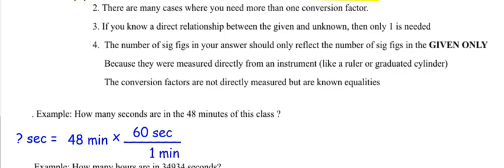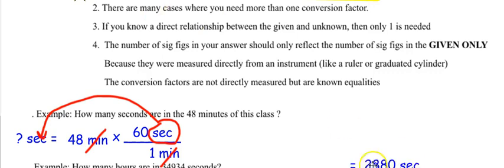I would do this before you even get your calculator out. Notice minutes are on top, minutes are on the bottom. What's my only unit left? Seconds. That's what I'm looking for. I can now get to my calculator and use it. So 48 times 60 divided by 1 is this.